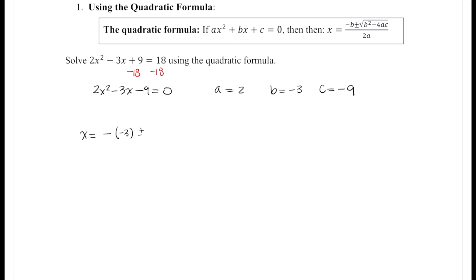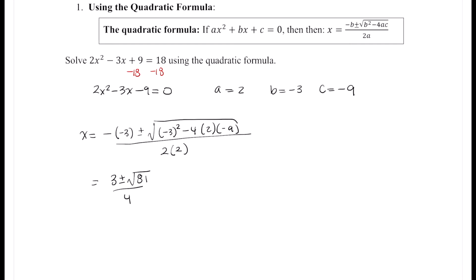Negative b plus or minus the square root of negative 3 squared minus 4 times 2 times negative 9, and this entire quantity divided by 2 times a, which is 2 in this case. This will simplify to 3 plus or minus the square root of 81 divided by 4. The square root of 81 is 9, so that's where that comes from.